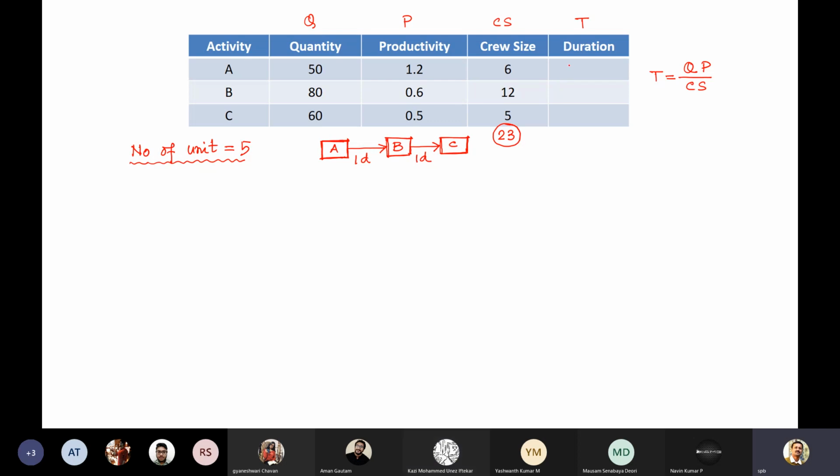A is 10. B is 4 days and C is 6 days. Okay, fine, so these are the days.